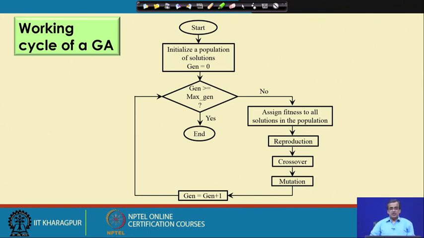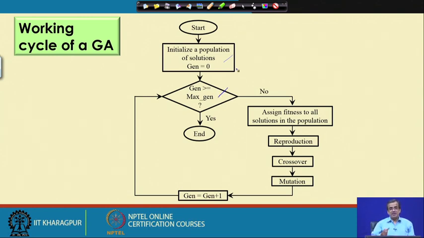Now, I am just going to start discussing the working cycle of a GA. Here we start with a population of solutions selected at random, and we say that generation equals 0. Now, here we have one termination criterion.